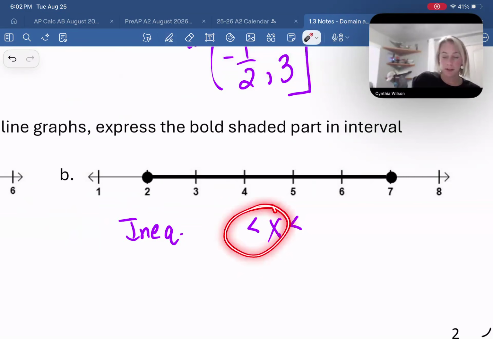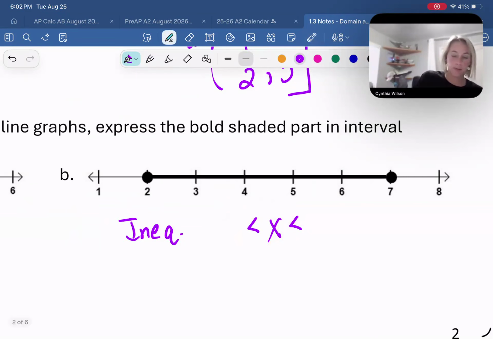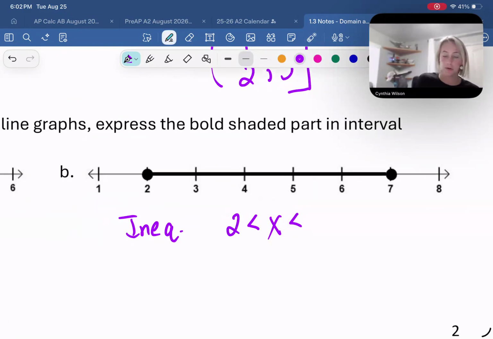On this side, x has to be greater than, so it's got to be bigger than the 2, but less than the 7. What do I still need to do here? Good. Add a line under the alligator. I love that. We need an equals to.